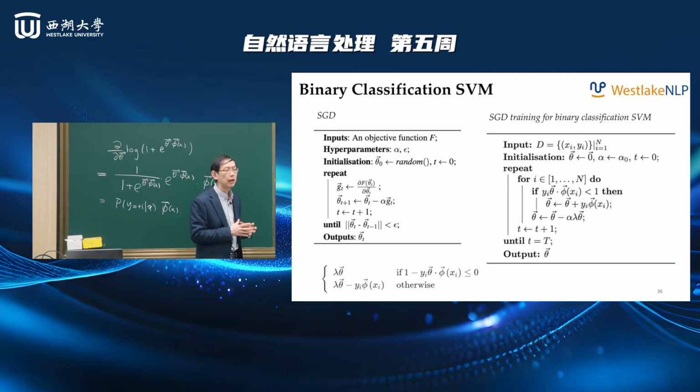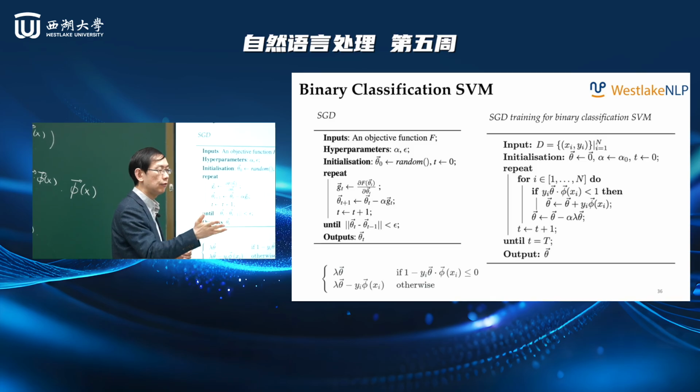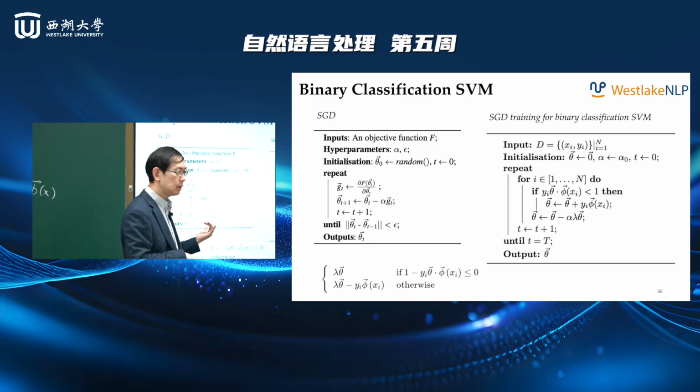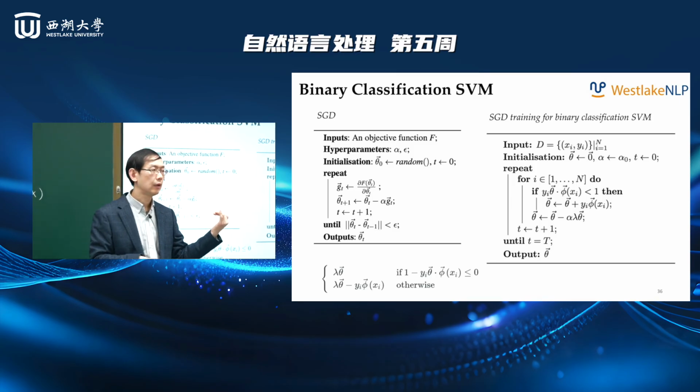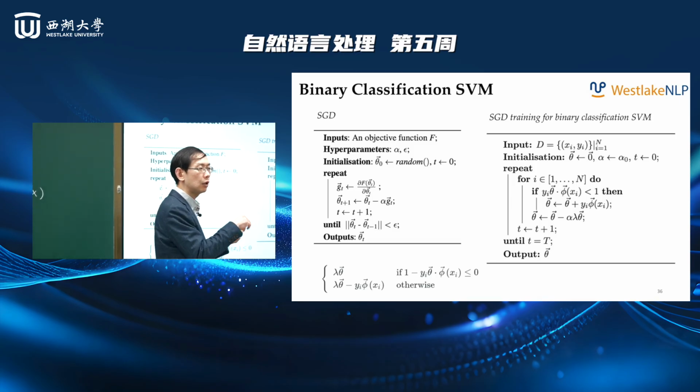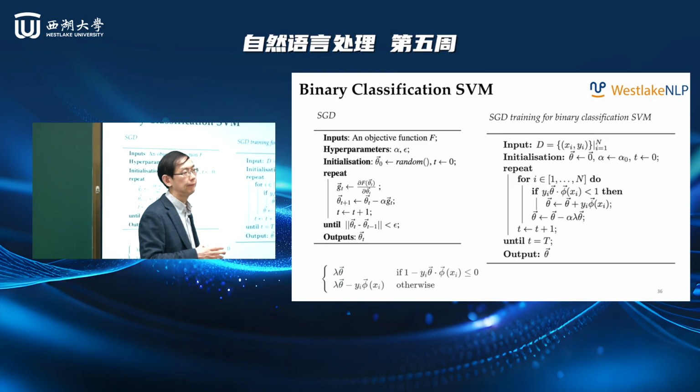Y dot theta phi, is it greater or equal to 1? What do I mean? So theta dot phi is the model score, okay? When y is positive 1, for a positive data instance, if the gold label is positive, I want to check whether theta dot phi is greater or equal to 1, right?